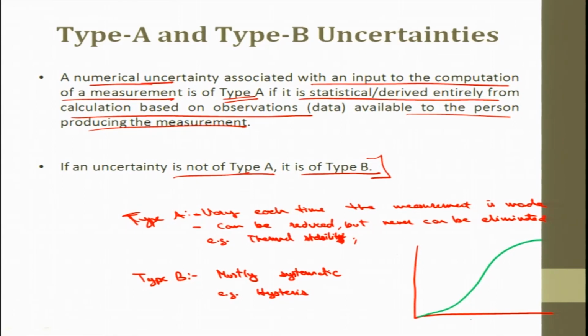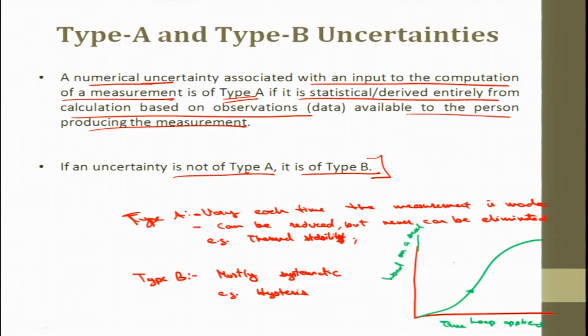So here the load is applied, I'll put the direction here, it is moving in this direction. The load is applied and it is increasing like this. Then this is the load indicated on a scale. It is the true applied load, the load actually applied.